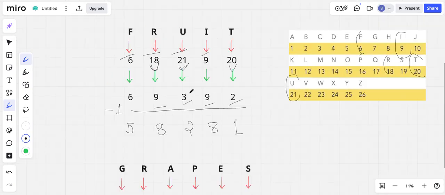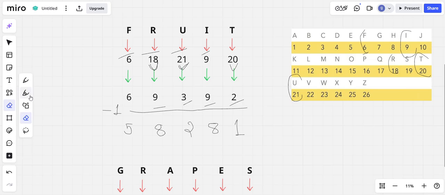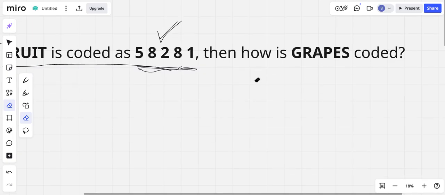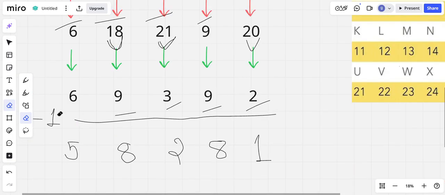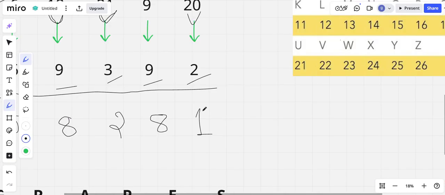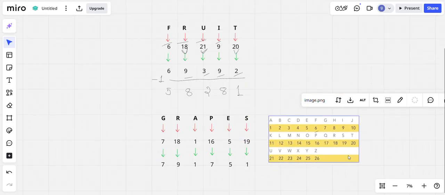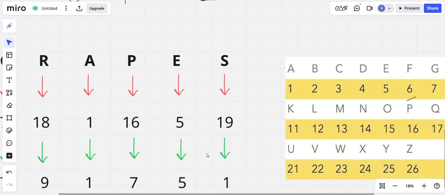Now we're going to use the same pattern on the next word. That is GRAPES. Alright, let's do this now.